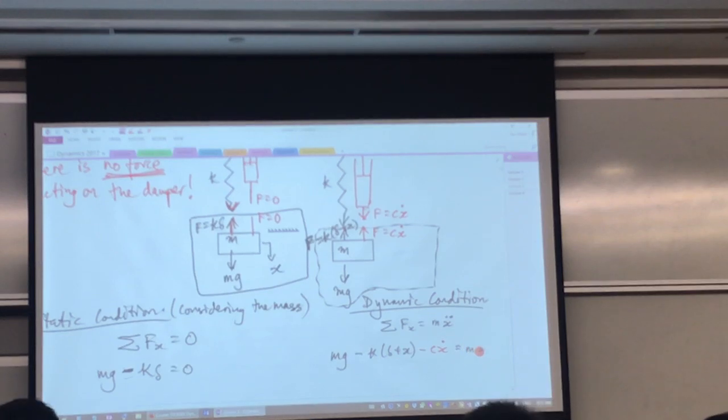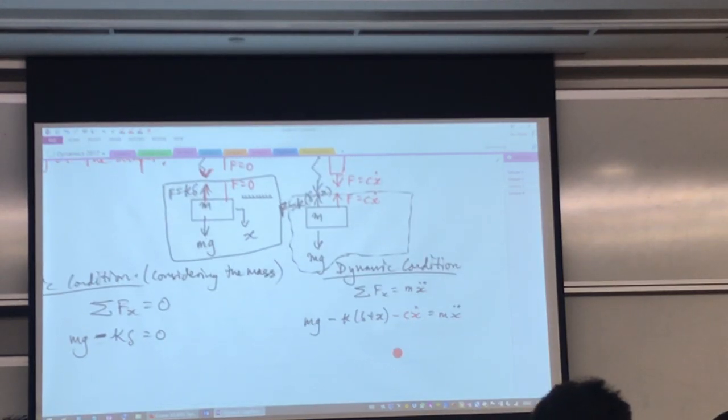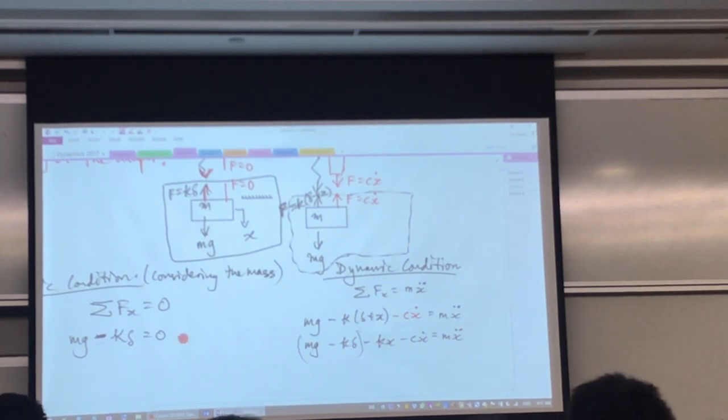So equal to M x double dot. So let's break out that bracket. Mg minus K delta minus Kx minus Cx dot equal to Mx double dot. So this term over here, we can see from the static condition, this is equal to 0.